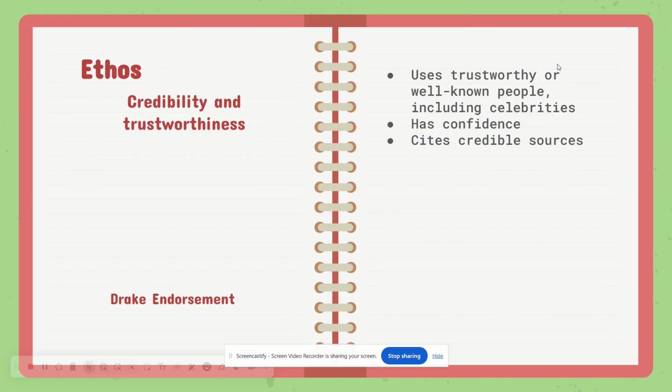So ethos means credibility, trustworthiness. We use trustworthy people, like well-known people, including celebrities, athletes or influencers. These people have confidence and they're citing credible sources. So let's see if this is a good example of ethos.